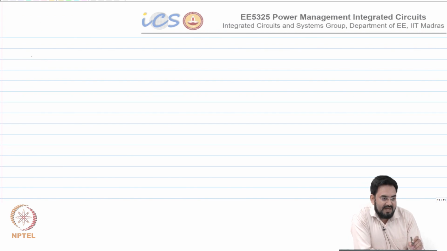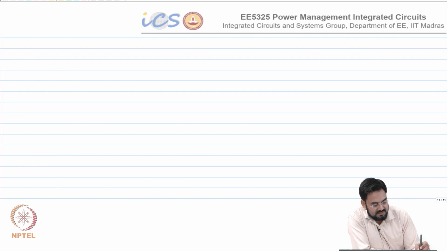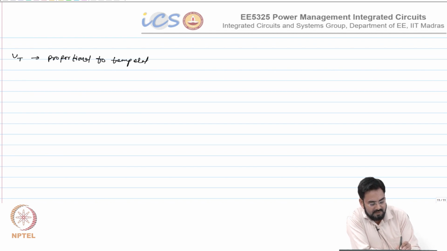So the concept of band gap is generated from there only. VT is proportional to temperature.